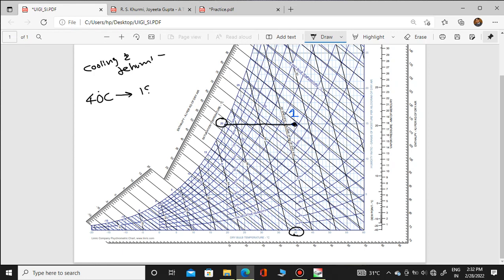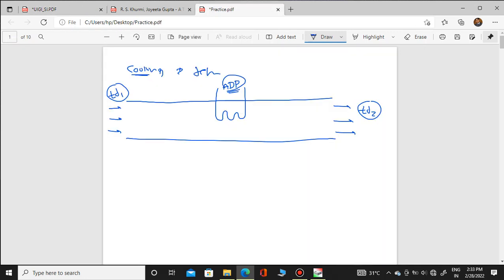So it should be 19, 18, 17, 16, but lower than 20 degrees centigrade. Then and only then this process can occur. So let us assume that our coil is at 10 degrees centigrade. This is 40, this is 10.